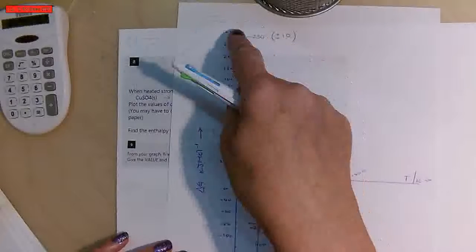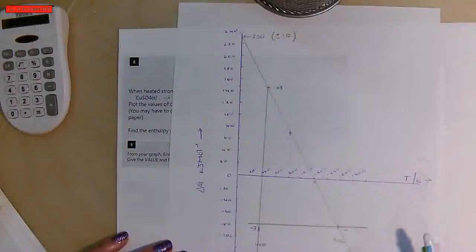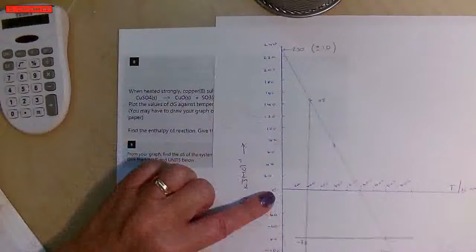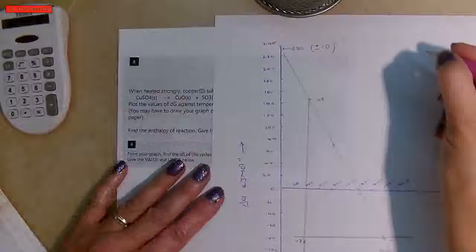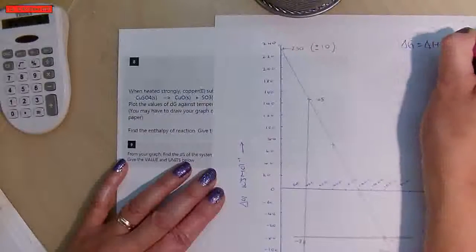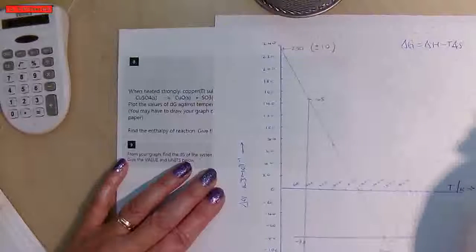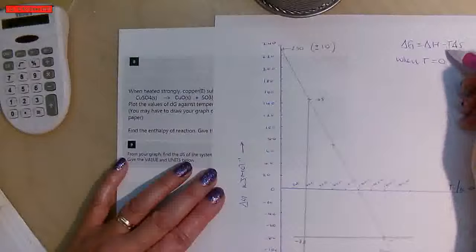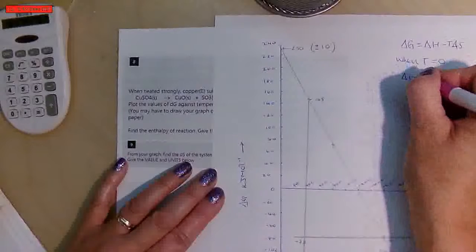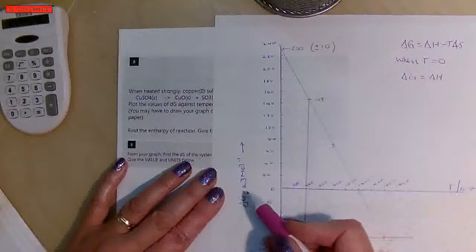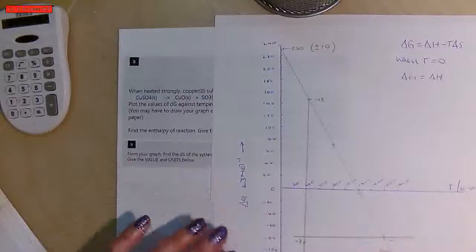So at this point here, this is the enthalpy of the reaction, because when T equals 0, delta G equals delta H. So we can always say delta G equals delta H minus T delta S. So when T equals 0, this value here becomes 0, so delta G equals delta H. So this value here is delta H, so 230 kilojoules per mole.